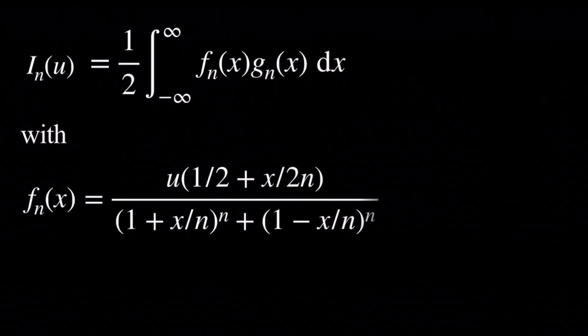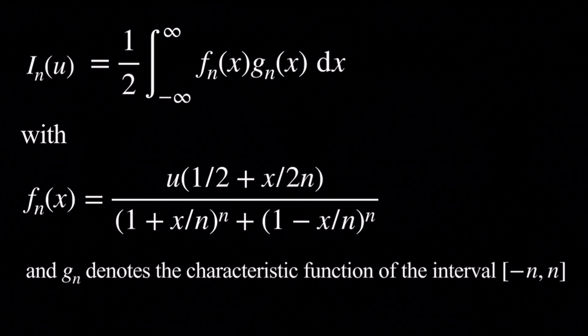So it's going to be 1/2 times the integral from negative infinity to infinity of f_n(x) times g_n(x) dx, where f_n is the original integrand and g_n is simply the characteristic function of the interval [-n, n], meaning that it's the function that is 0 everywhere except on the interval negative n to n, where it's equal to 1.